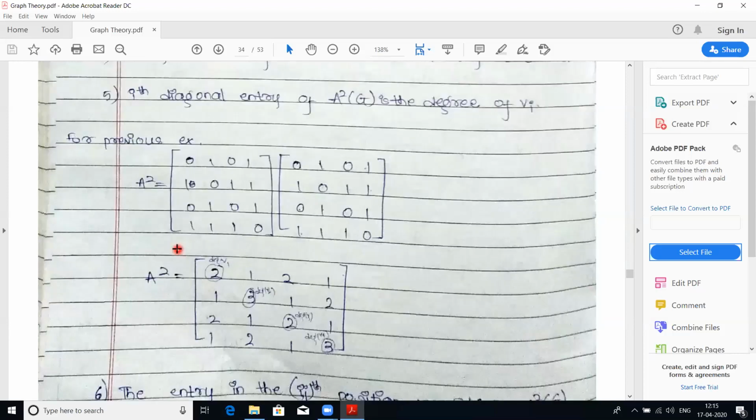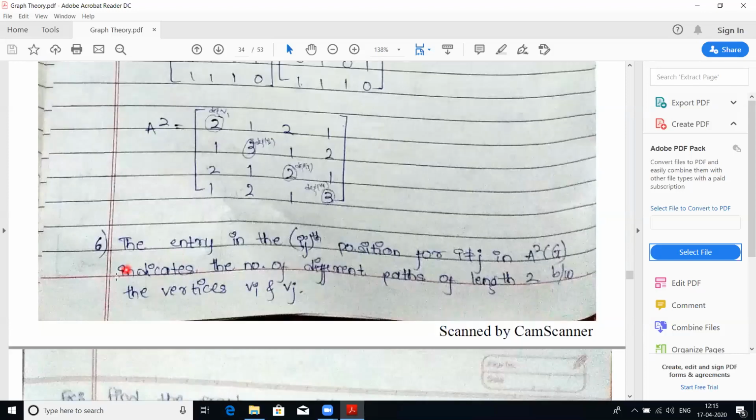Next, the sixth one: the entry in the ijth position for i not equal to j in A square indicates the number of different paths of length 2 between the vertices Vi and Vj.